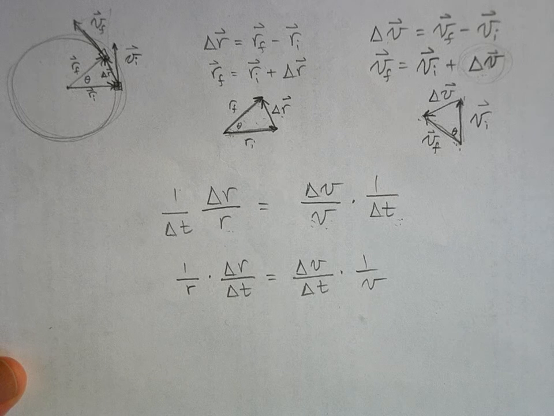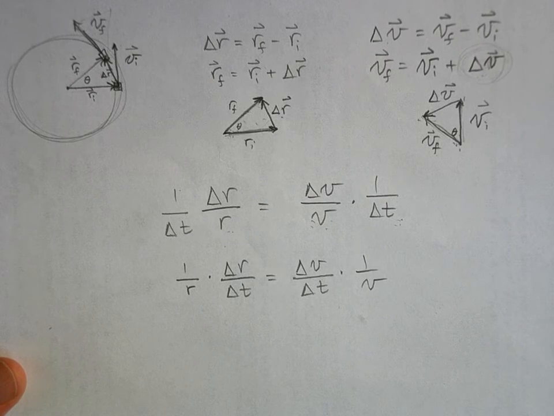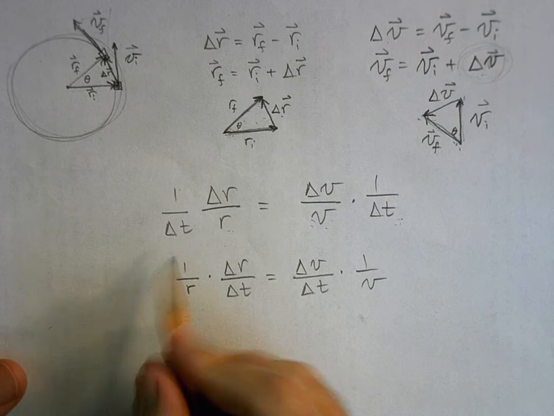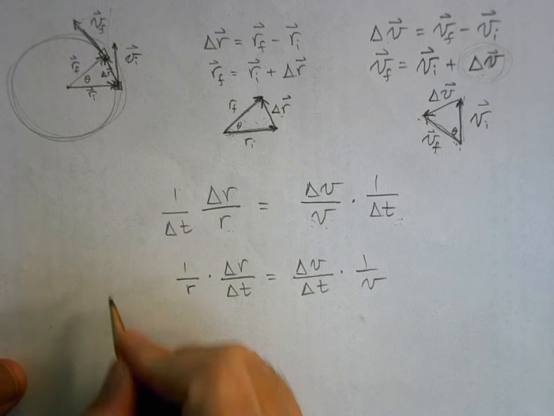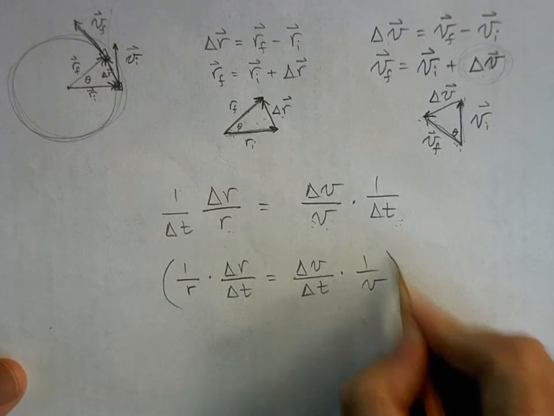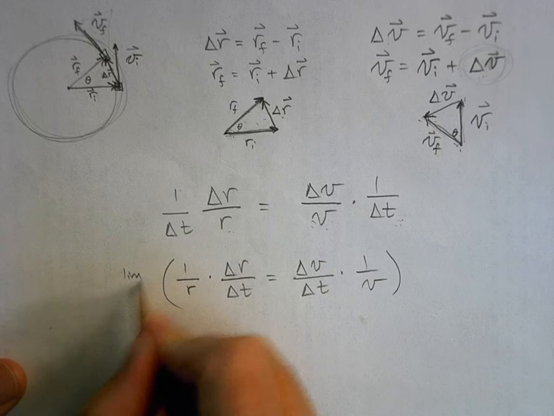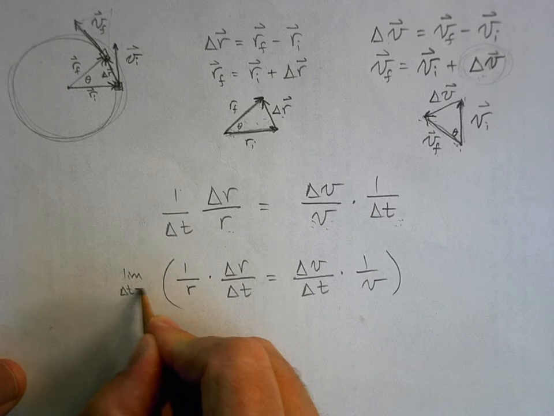Now I'm going to do something a little bit advanced for AP Physics 1. And if you don't like this part of it, that's fine. Don't worry about it. For this whole expression, we're going to take the limit and let delta t go to 0.